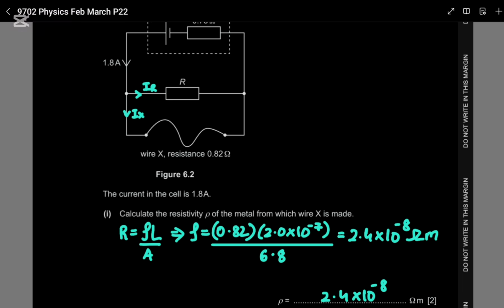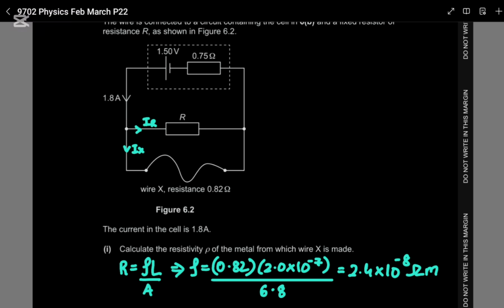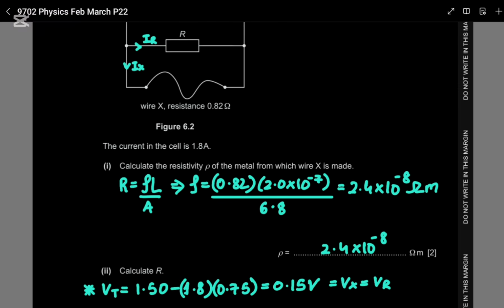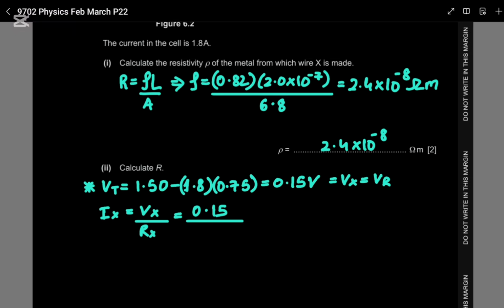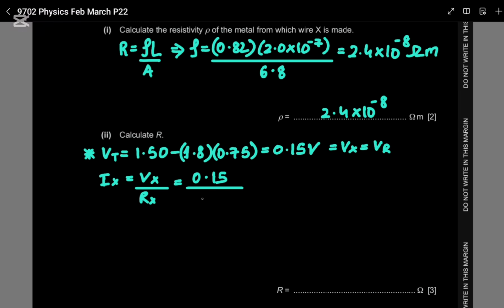Now as for wire X, we have to find the current passing through X. The current passing through X is going to be Vx over the resistance of X, Rx. Now Vx is the same as the terminal potential difference, which is 0.15, and Rx, the resistance of X, is 0.82.